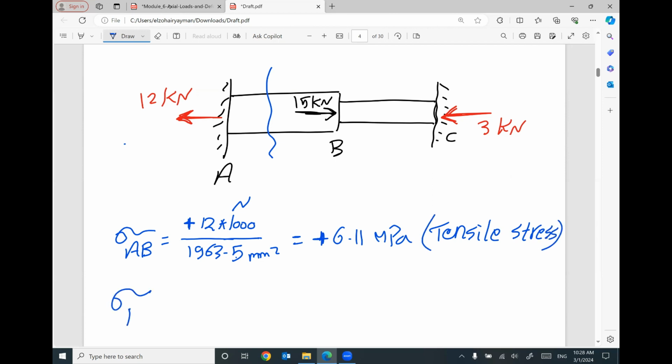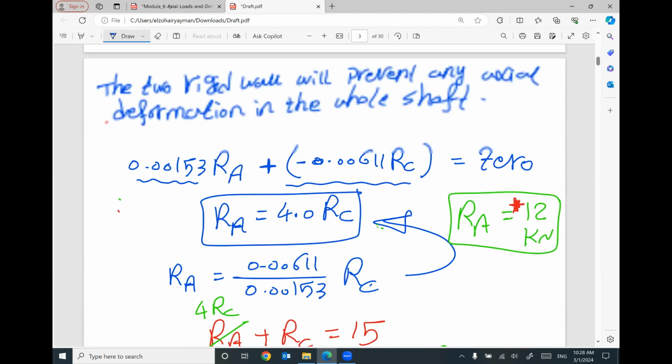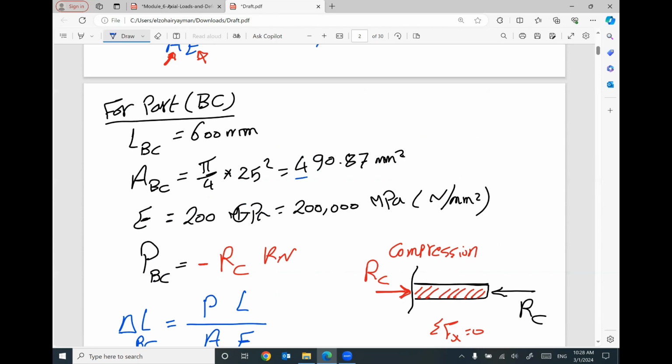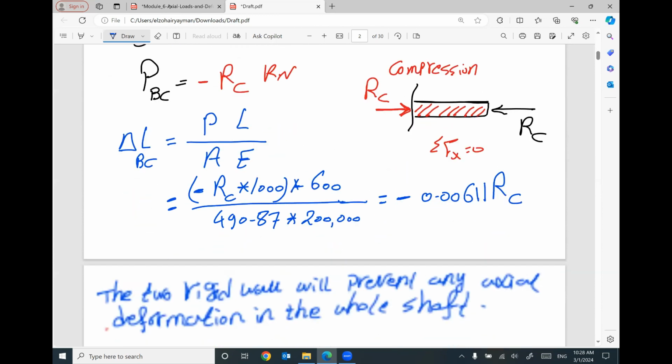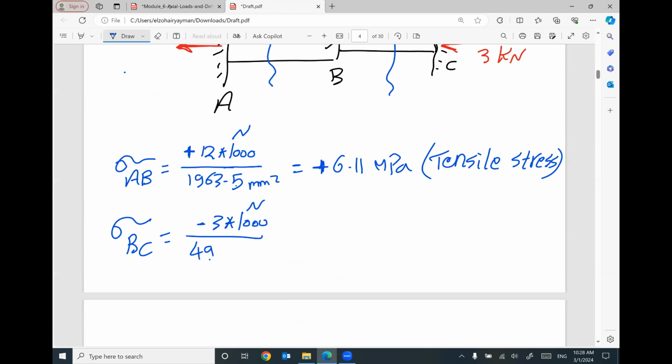The stress in part BC, keep in your mind, the force in this part will be compression based on this reaction. So it will be -3. I'm going to multiply it by 1000 to be in Newton because it's in kilonewton right now, divided by the cross-section area of this part. The cross-section area of this part is 490.87.